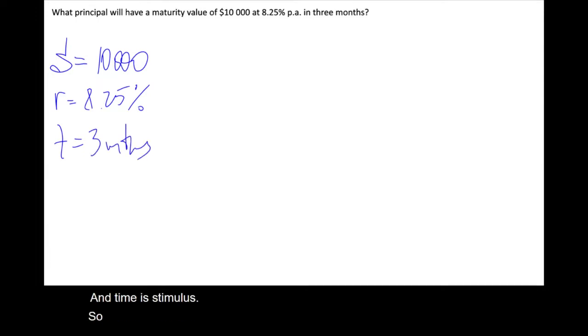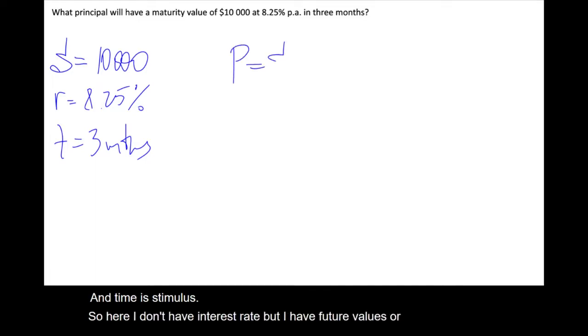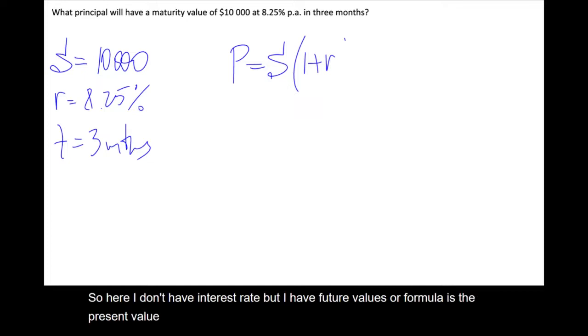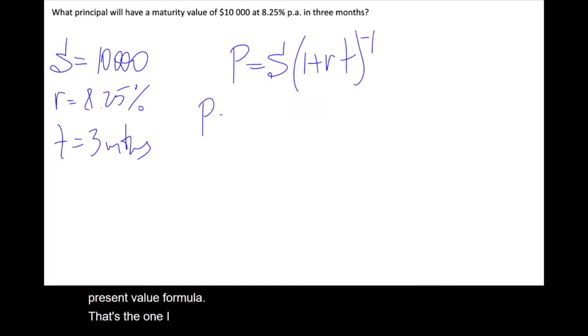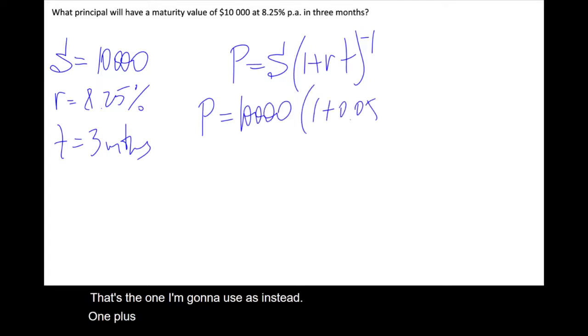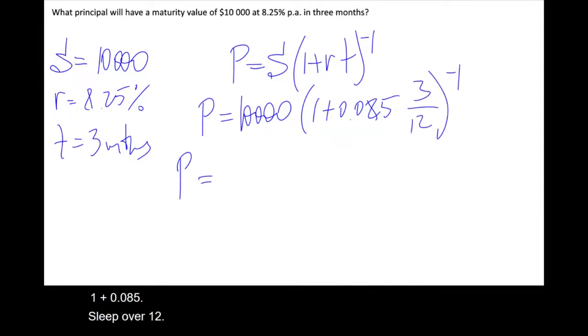Here I don't have interest, but I have future value, so the formula is the present value formula. That's the one I'm going to use. S is 10,000, times 1 plus 0.085 times 3 over 12, to the power of negative 1.